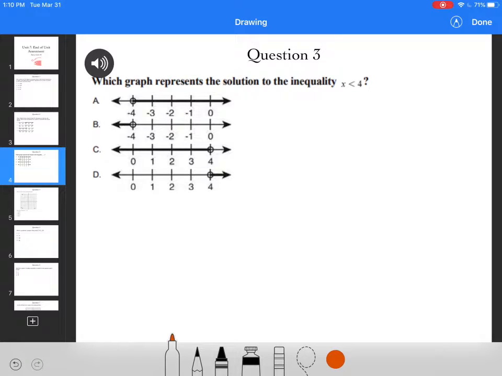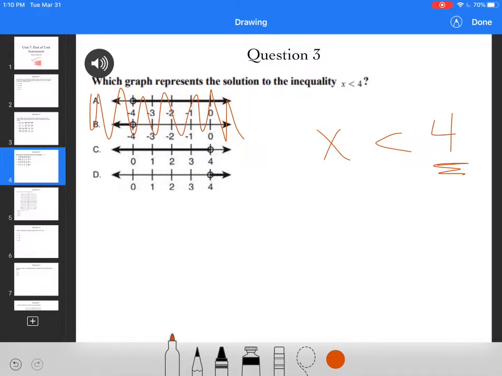Question 3. Which graph represents the solution to x is less than 4? Now, less than is going to have an open dot. So the first thing I would do is eliminate any that don't have an open dot. So I'm looking, they all have open dots, so that didn't really work. The next thing I need to look for is the 4. So it's got to be a positive 4, so I can eliminate A and B because they're both negative 4.